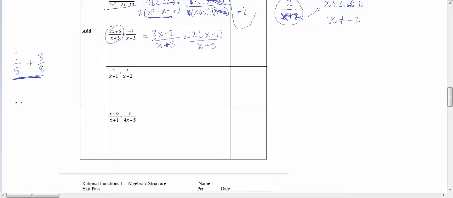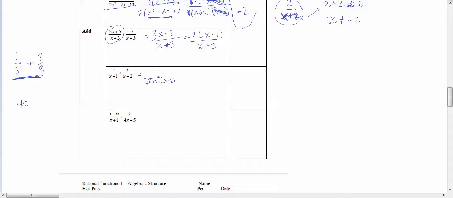So I said the common denominator was 40 because I multiplied 5 times 8. Essentially, you're doing the same thing here. My common denominator that I'm going to put both of them over is x plus 1 times x minus 2. There's nothing in common between them, so I just multiply them out.